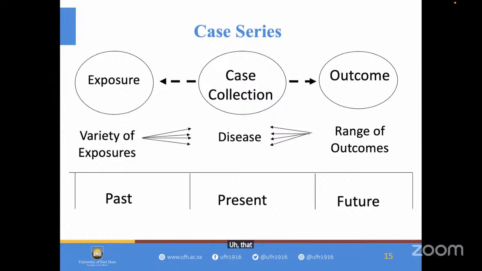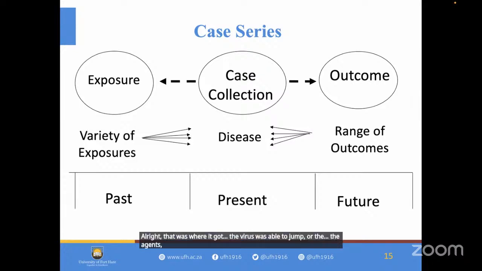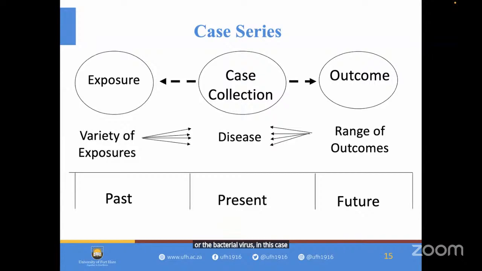That was where the virus was able to jump from the bat to the child, and the child became the host, and then it went to the environment, which is now the family, and then it was able to spread.